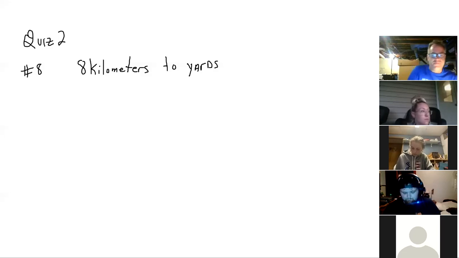All right. So I'm going to go ahead and work through. I'm off by literally 3 feet, and I'm not sure why. We want to go 8 kilometers to yards. So let's first convert 8 kilometers into meters.